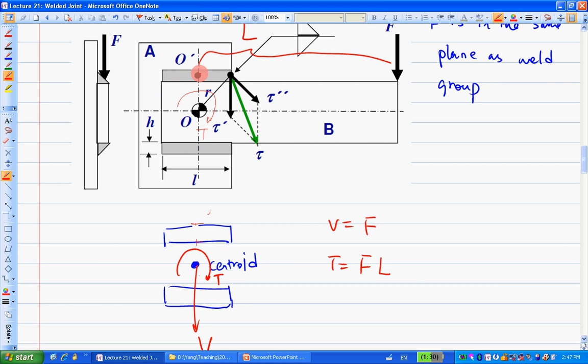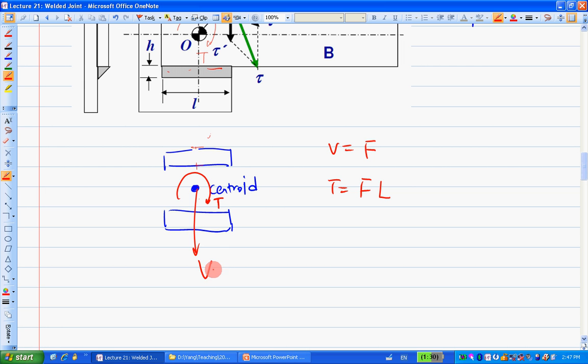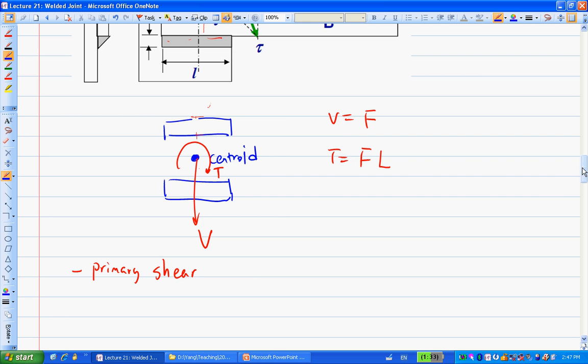Anywhere on the weld group, if you pick any location, that V is going to cause the same kind of shear stress. So V will cause the so-called primary shear.